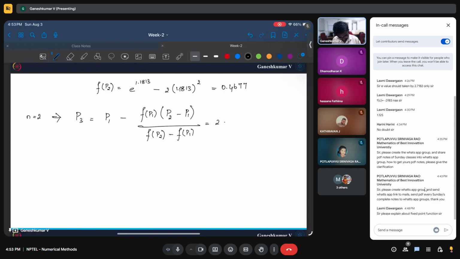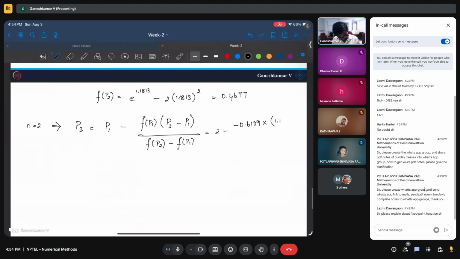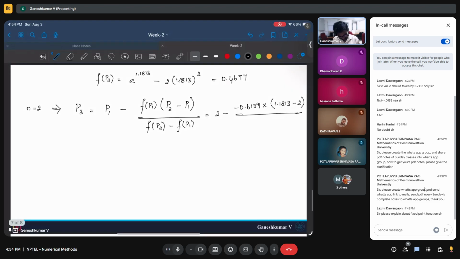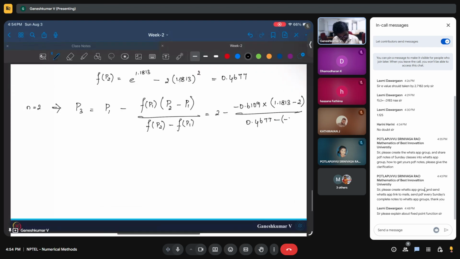I think p1 is 2 minus f of p1, which is minus 0.6109, into 1.1813 minus 2, divided by f of p2, which is 0.4677, minus f of p1, minus 0.6109.